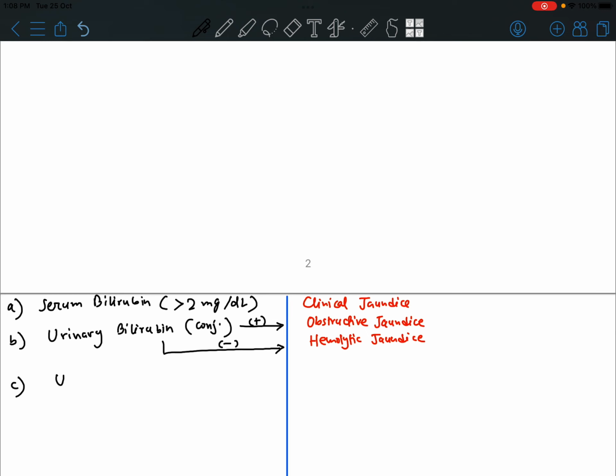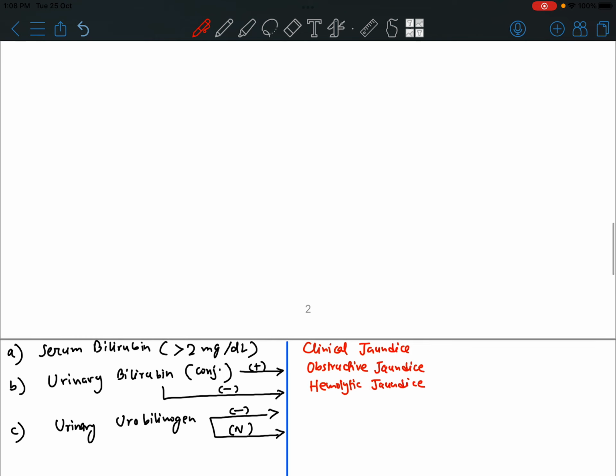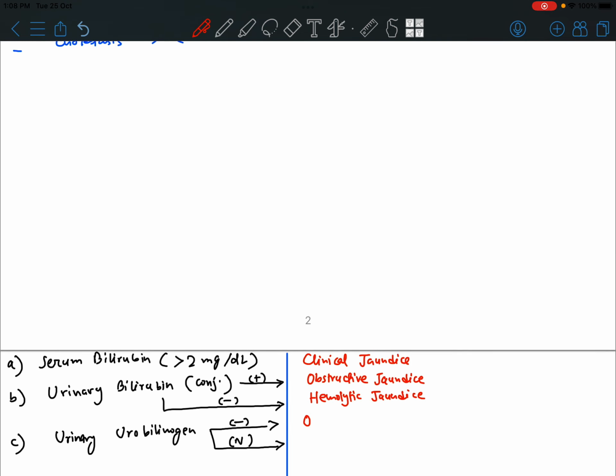Third, it's urinary urobilinogen. If it's absent or if it's normal. Complete absence is suggestive of obstructive jaundice.